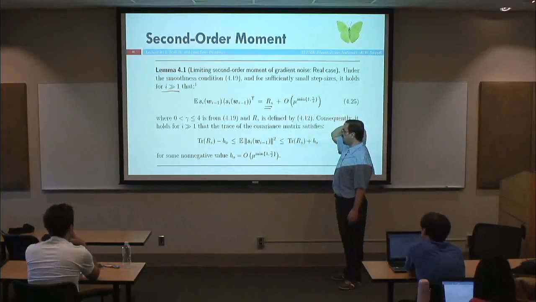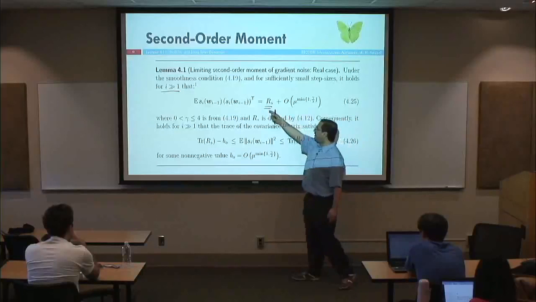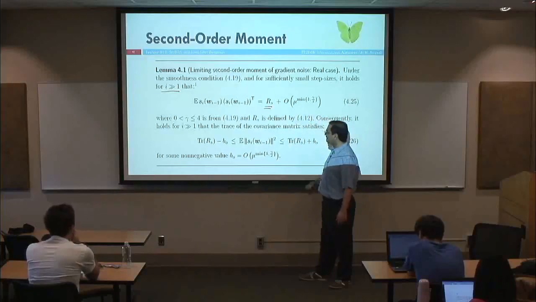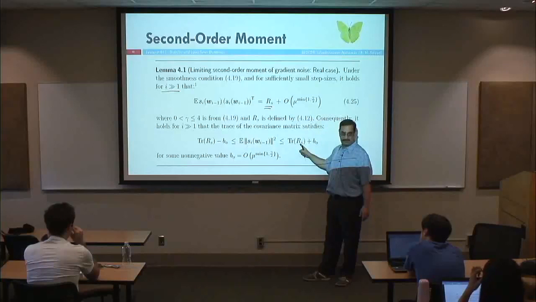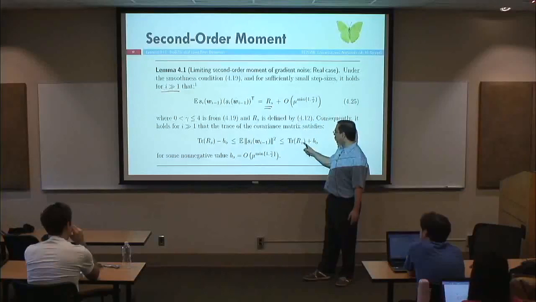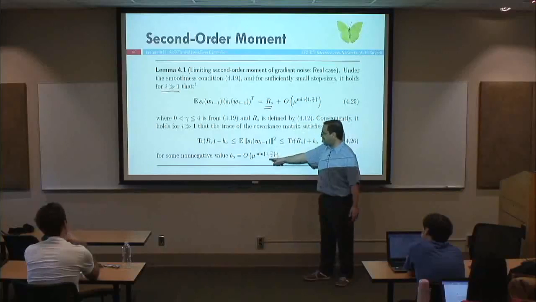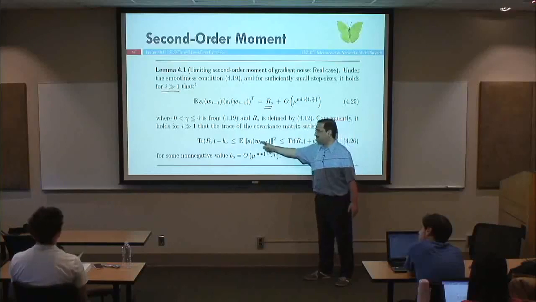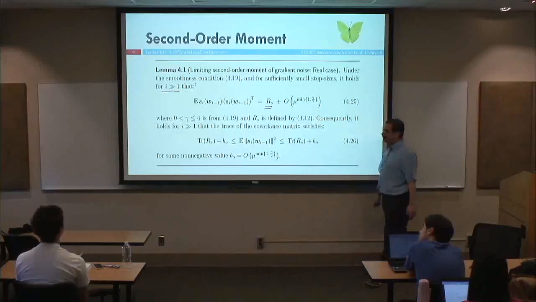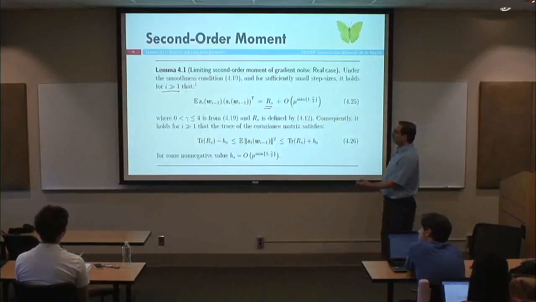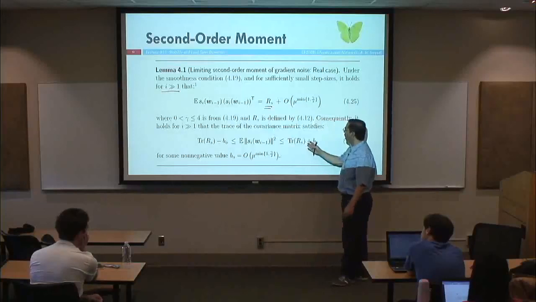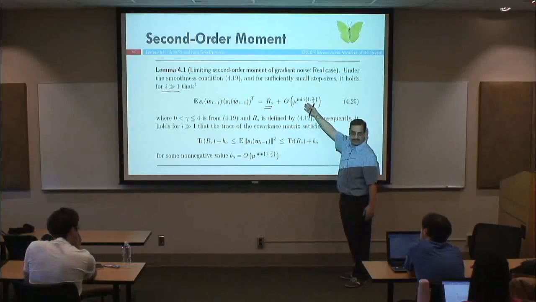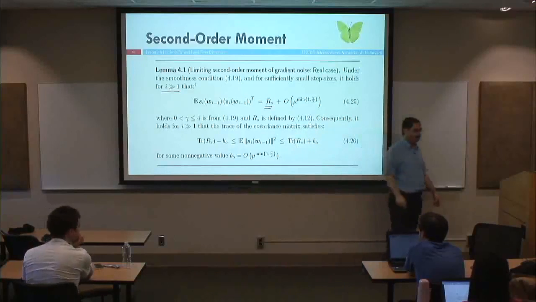Another way to write it is, if the covariance is close to Rs, then the trace of that covariance is close to the trace of Rs, and B will be of the same size. Right? That's what this second expression is saying. The trace of the covariance is close to the trace of Rs, up to a difference of that size. That's all. This is what this expression is saying.